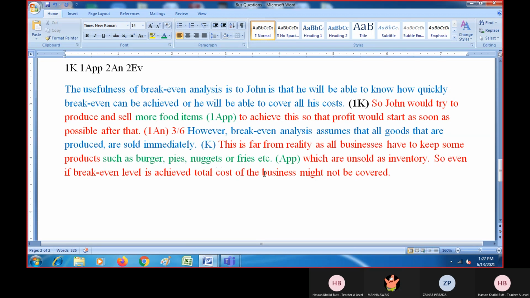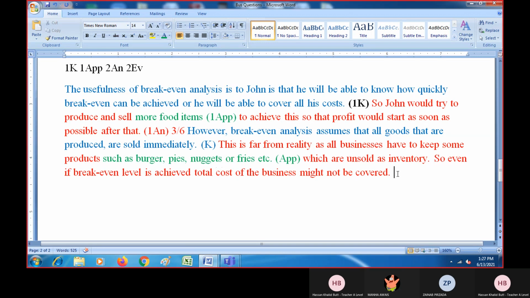Then we developed the advantage of break-even analysis, and then we moved into the disadvantage of break-even analysis. We developed it and we showed the application. Is there any issue there? Because now we are done with application, knowledge and analysis.